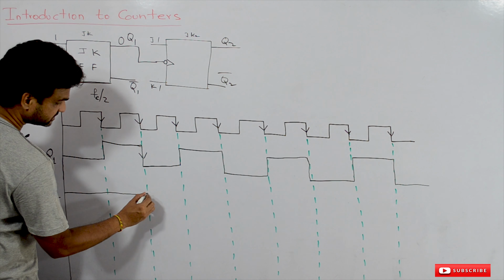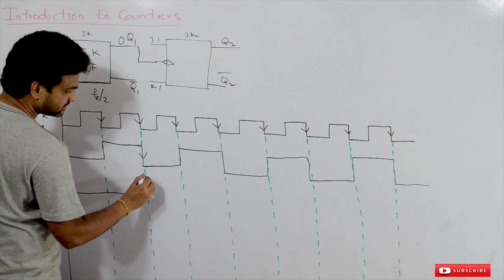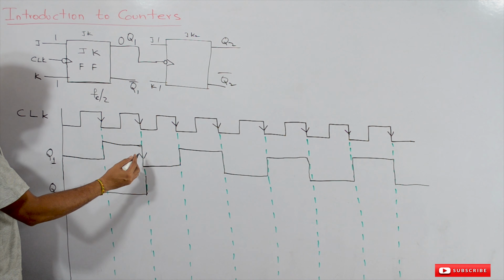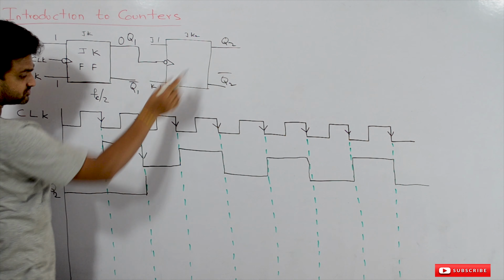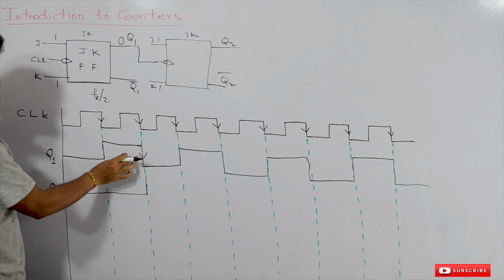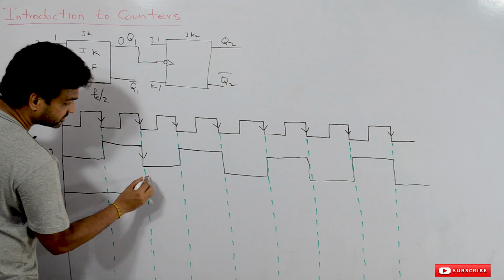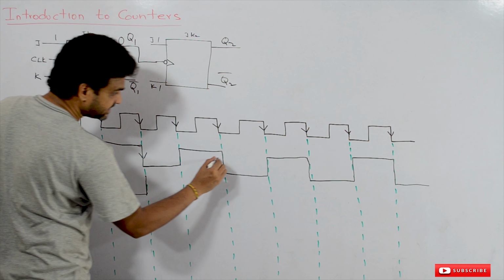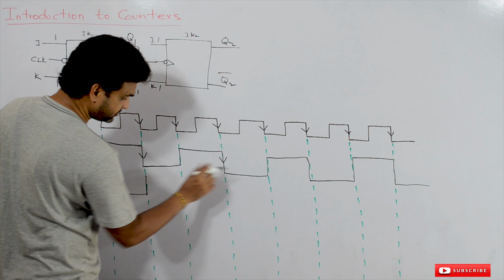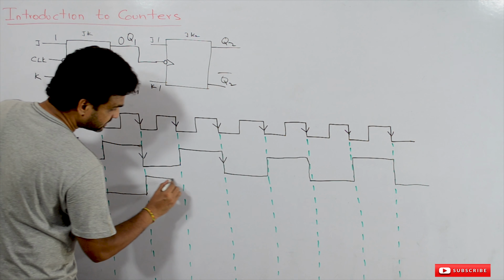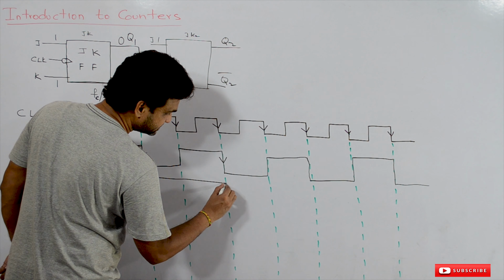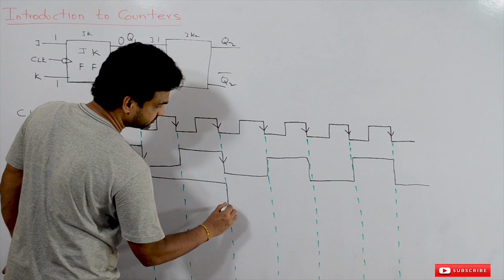Now this will be 1. The toggling of the output happens only when a negative edge trigger happens. So here the toggle happens. Again, where does it happen? Here. This is a negative edge. Here the output will remain the same, and here it will get toggled to 0.